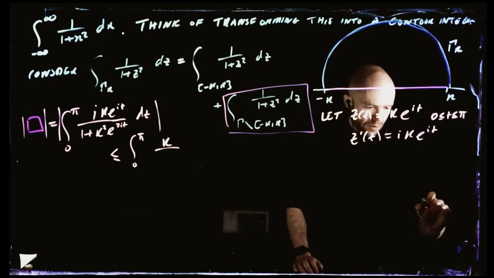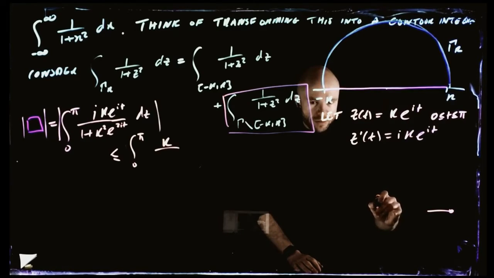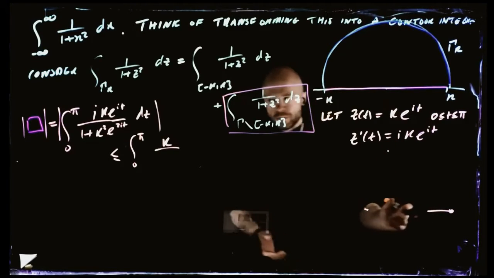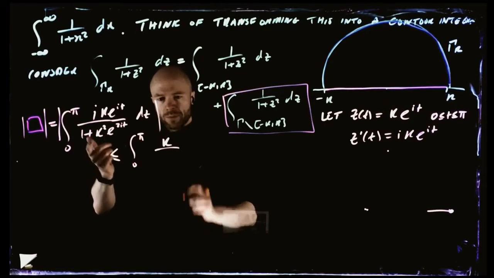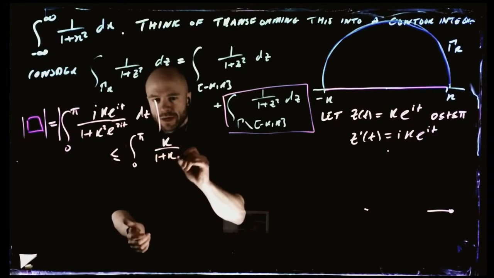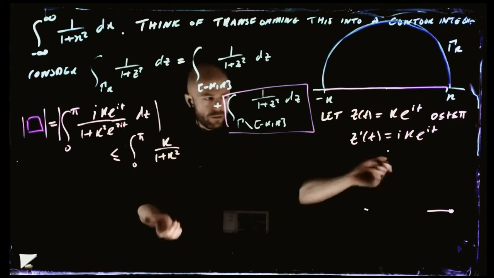The very worst thing it can be is if it's on the other side. This is not a big point, because the 1 is insignificant compared to the r squared, but it is nevertheless the truth that we have this inequality. We just see it from this geometry.